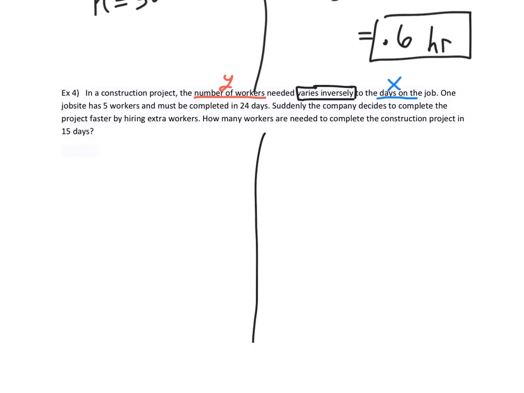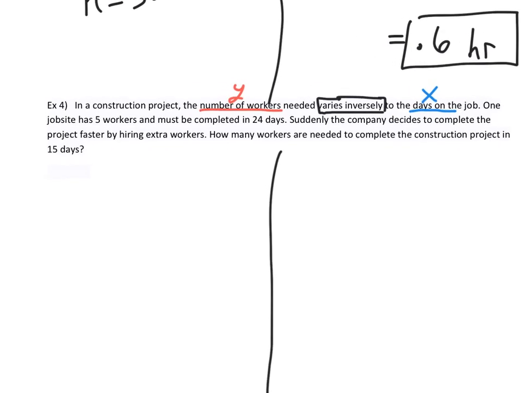So here's another little 2-part question. Let's start with the first piece of information that we have. We know that there are going to be 5 workers, and workers is the y. And we know that has to be completed in 24 days. So that's going to be the x, the number of days. Okay, so again, back to what we know. Y equals k over x.